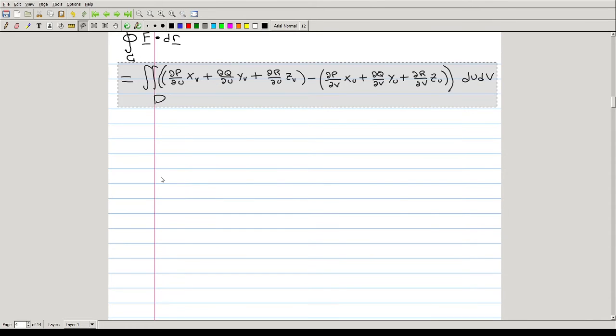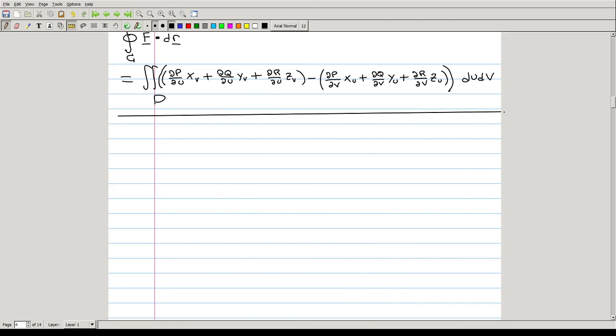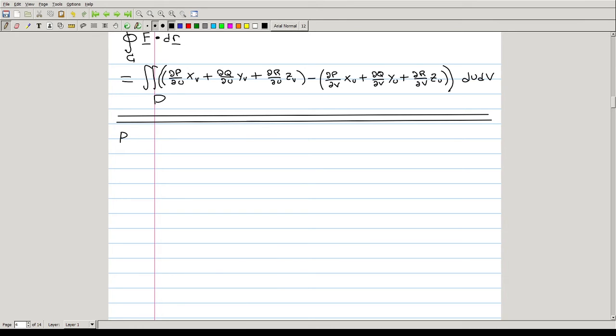So I'm going to make a little aside here to do one more chain rule calculation that we're going to plug into this, and it will definitely get a little bit longer as well. But trust me, it's going to be beautiful when everything cancels and simplifies for us. So this p here is the first function of the vector field.